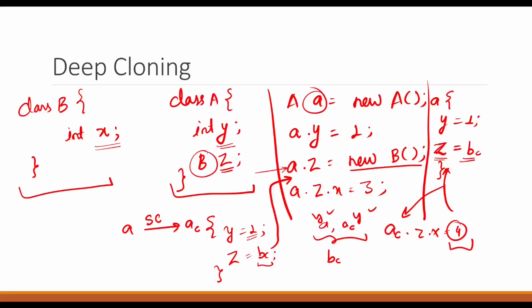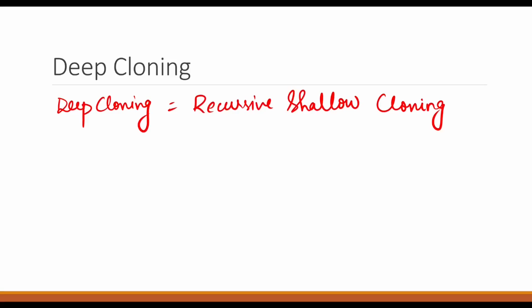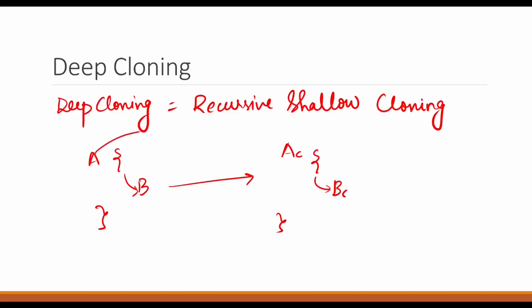So in short, deep cloning is recursive shallow cloning, where if A is composed of an object of type B, then you will recursively create AC but also BC. You would have to go inside and create a clone of BC as well. So it will not just shallow clone AC, but also shallow clone BC.